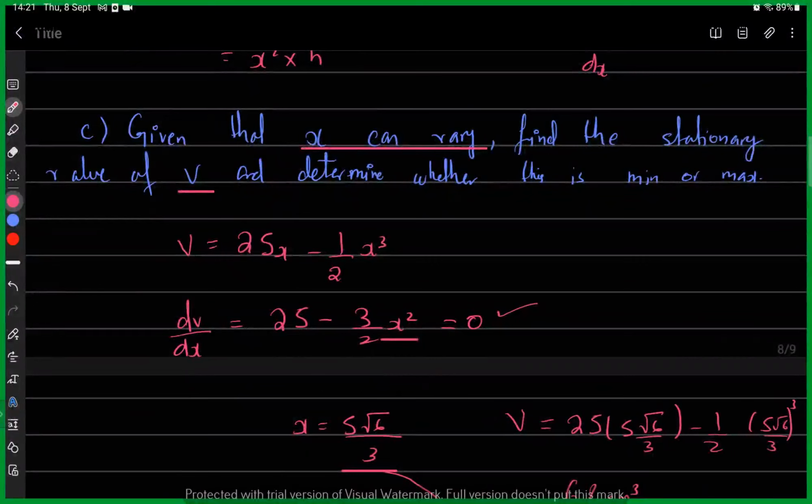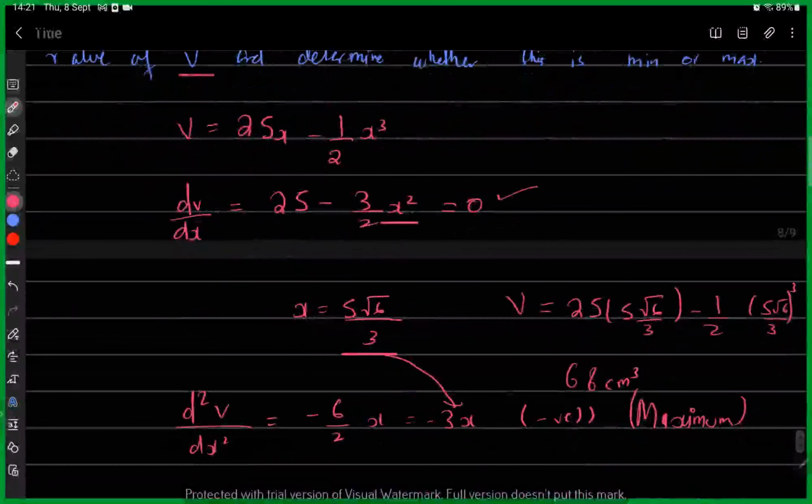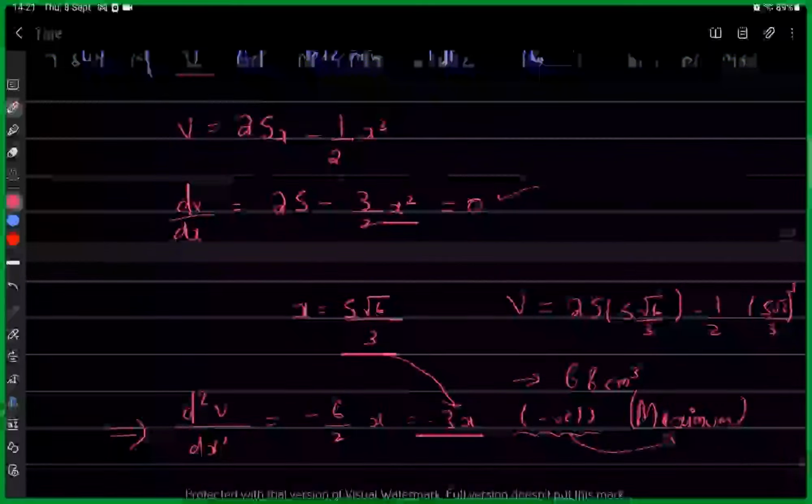And upon differentiation, we got this. We have equated that to 0. And the x value of the stationary point was this, and the V value was 68. Next part was to determine if it's minimum or maximum. We have computed the second order derivative. We got negative 3x, x was positive. So overall the answer would be negative. And negative second order derivative implies that it is going to be a maximum.